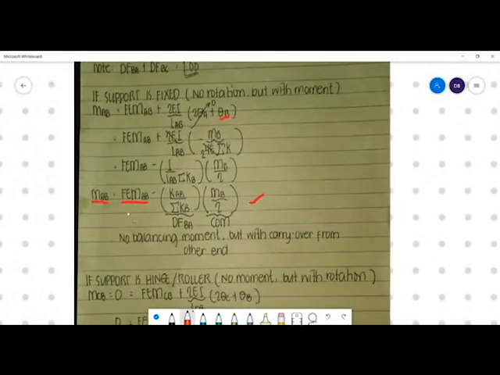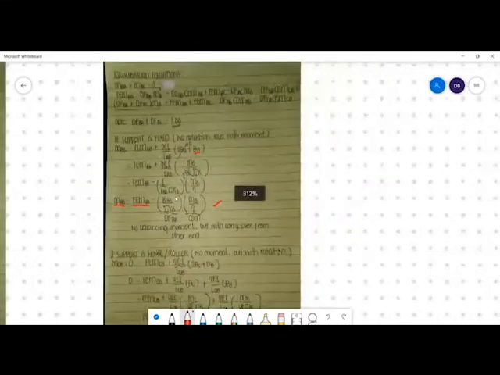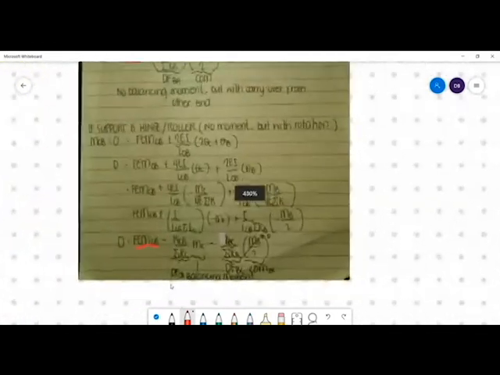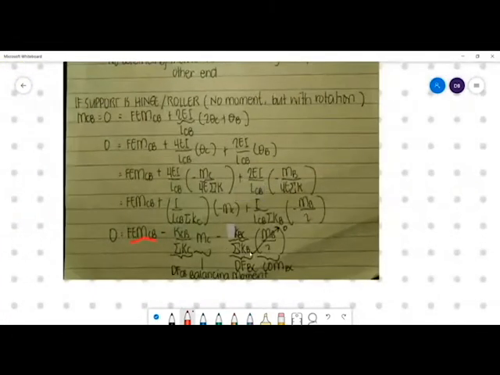So kapag fixed support, we don't have to balance kasi it will just remain fixed, na walang rotation. Pero at the same time, there is a carry over from the other support. Kapag hinge naman, wala tayong carry over from the other support dahil nga simple support siya.